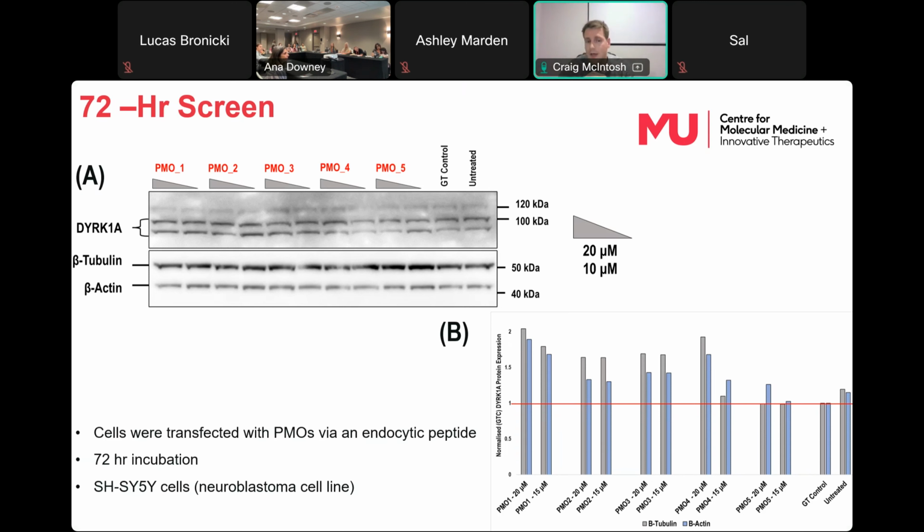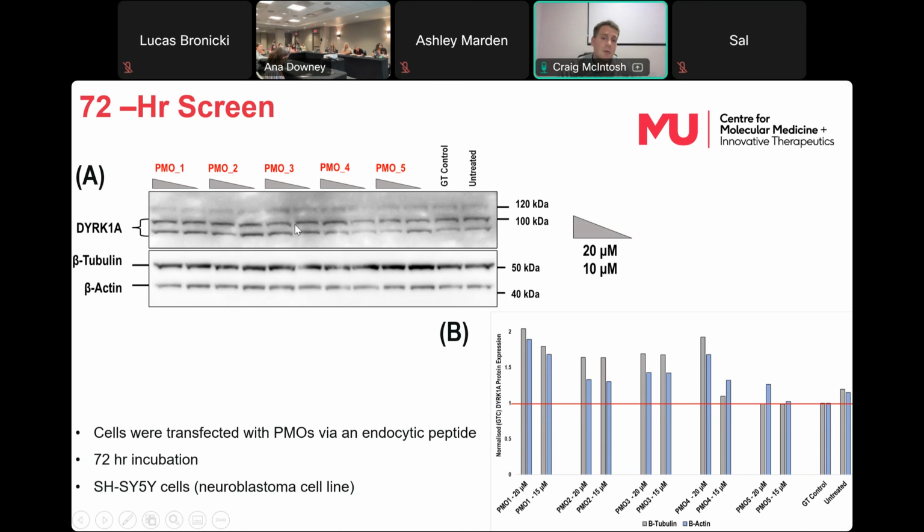So DYRK1A is involved in that process, and that's why there are so many large factors affected by DYRK1A, because there are so many downstream binding partners of the protein. So it exists in two forms, because when it gets that phosphate group, it gets slightly bigger.